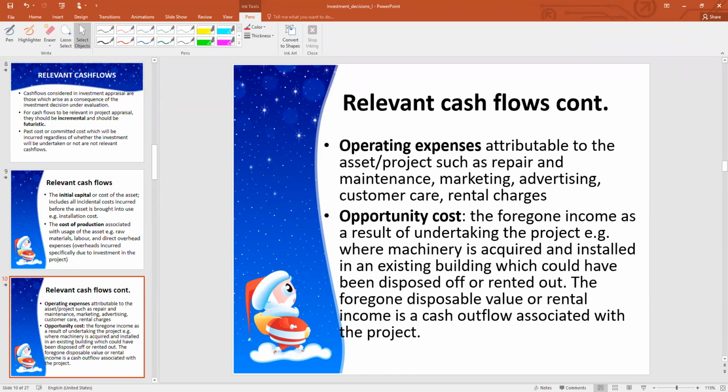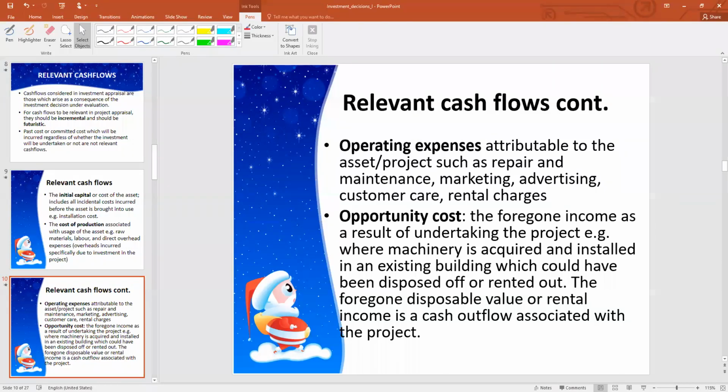Either way, this machine requires repair. It is not a repair-prone machine, but it requires maintenance. Therefore, you ought to consider the cost of maintaining that asset in good working condition when it comes to the appraisal of the machine.